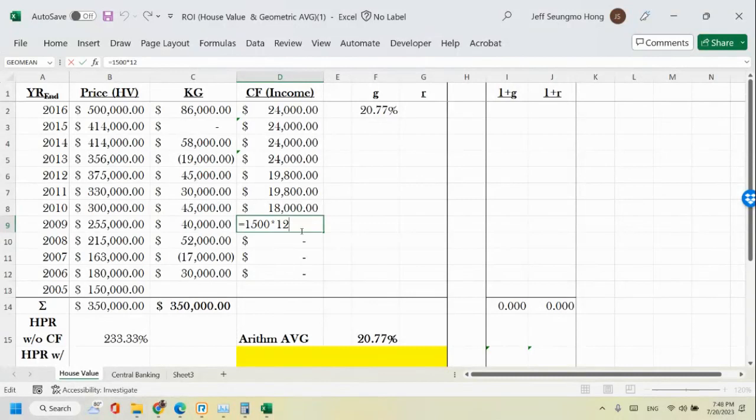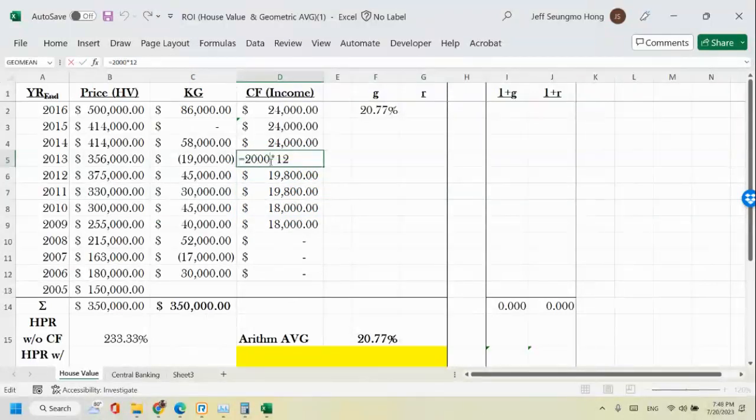And you can see how I got these numbers, right? It's based on the assumption that the monthly rent is 1,500. And then from here, I used D8, this is D8 times 1.1. That's a 10% increase.